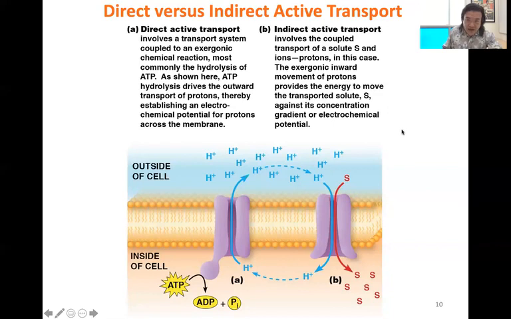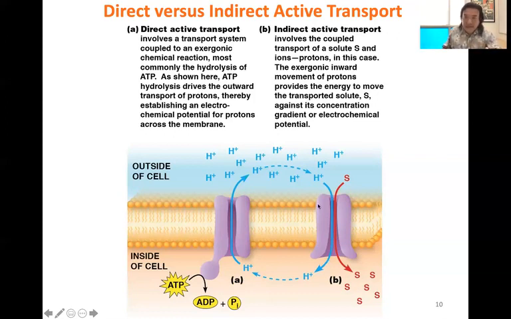An indirect active transporter, like this purple one on the right, look what it's doing, right? It is taking advantage of that artificially maintained proton disequilibrium from the outside to the inside and allowing the protons to flow in the direction that they would naturally want to flow, right? If they were allowed to go from high to low, they go through this particular protein.